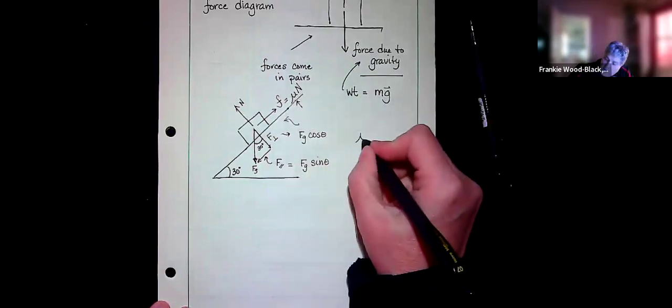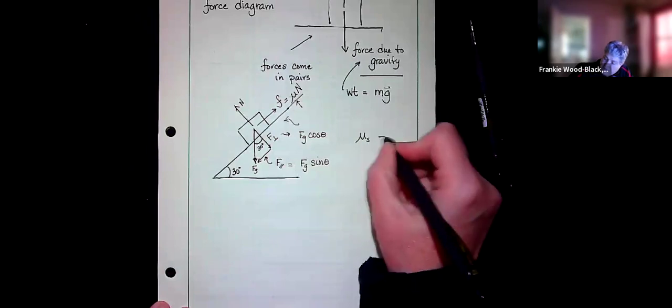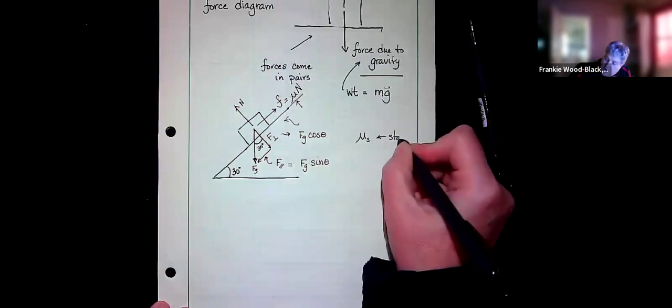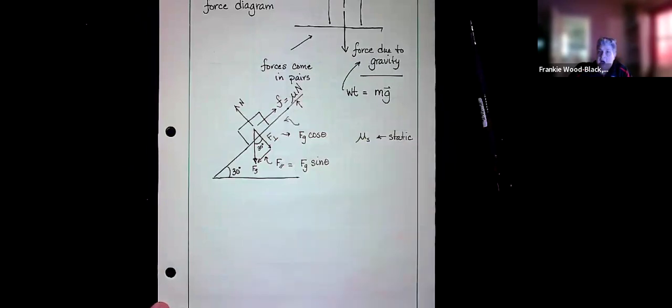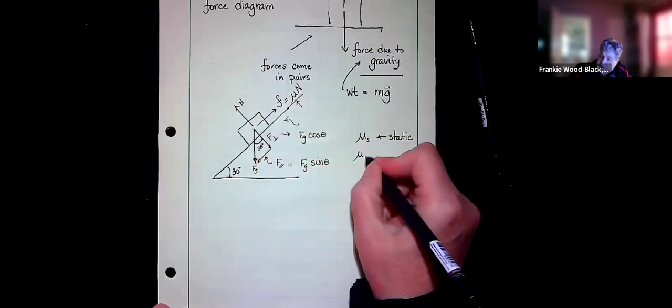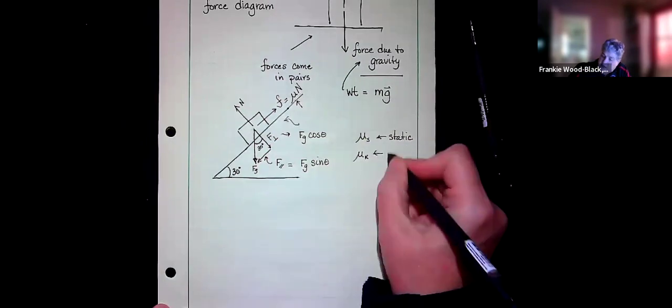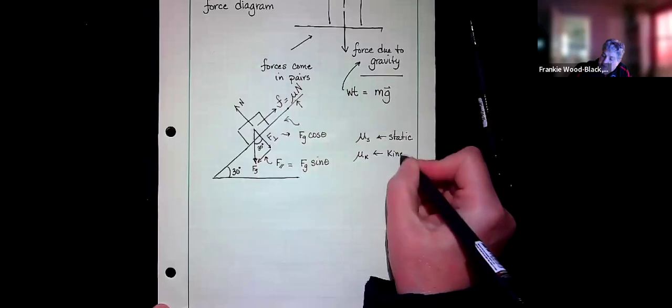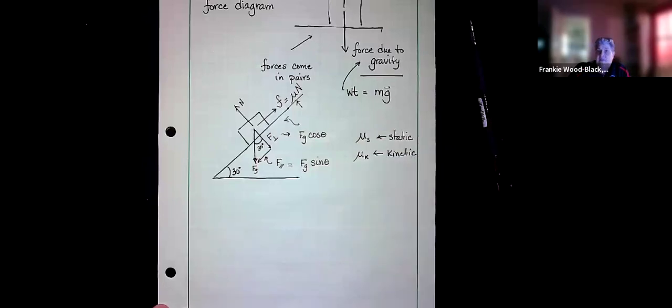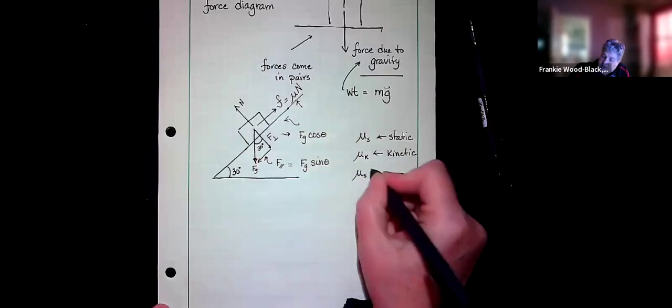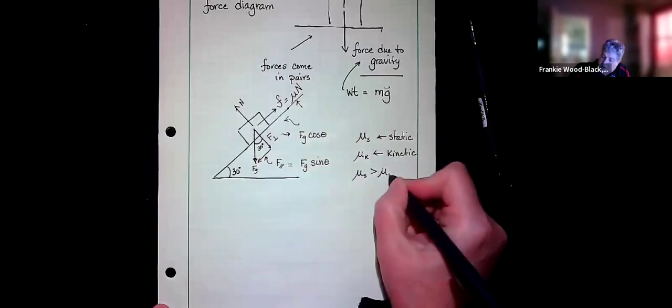We can have a coefficient of static friction, and that's what's going to actually hold my mouse onto the block. And then we have a coefficient of kinetic friction, which is the friction that is in there as I'm moving. My coefficients of static friction are greater than my coefficients of kinetic friction.